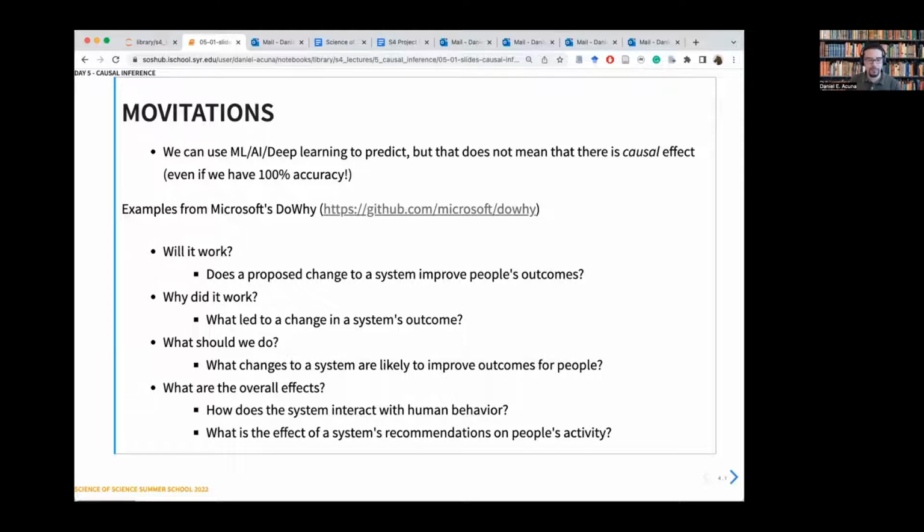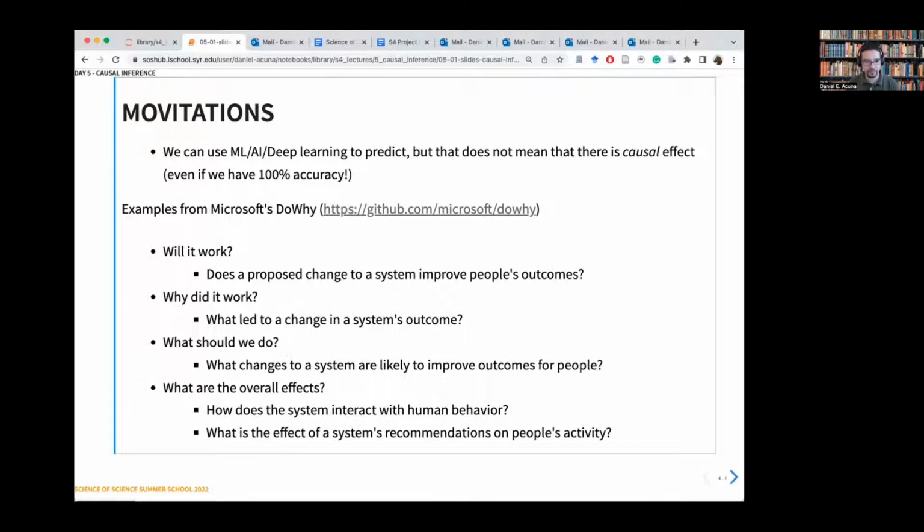So the important thing is that even if you have machine learning or a very sophisticated statistical model that predicts with 100% accuracy something, that doesn't mean that there is a causal relationship. So even let's say if we're predicting citations based on some factors, even if we can predict with 100% accuracy the citations 10 years from now with some factors, that doesn't mean that there is a causal relationship between those factors and that outcome.